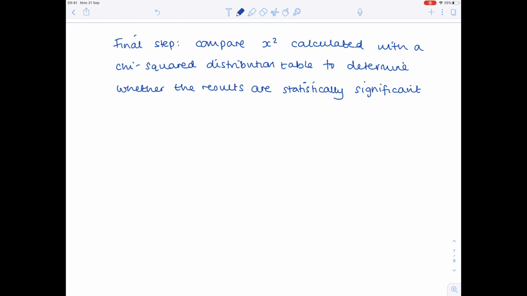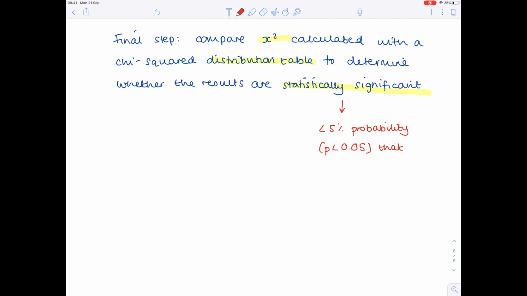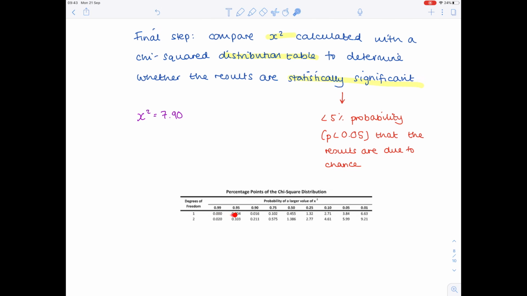So the final step, we're going to be comparing our calculated chi-squared value with a distribution table in order to determine whether our results are statistically significant. What does this term mean, statistically significant? There needs to be a less than 5% probability that the results are due to chance. So this is the relevant row in the table because our degree of freedom was 1.